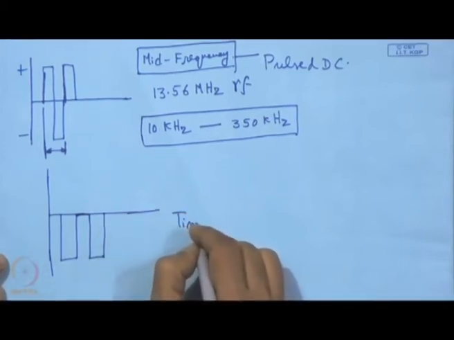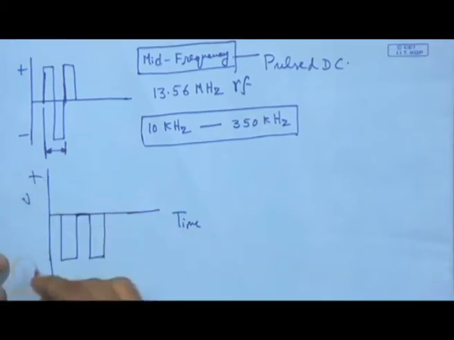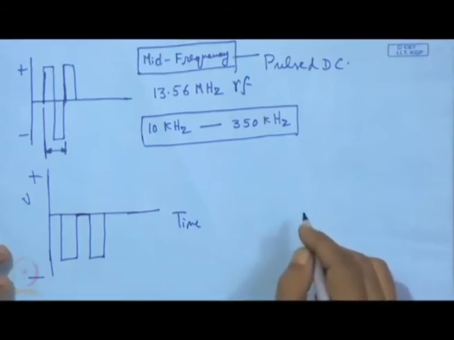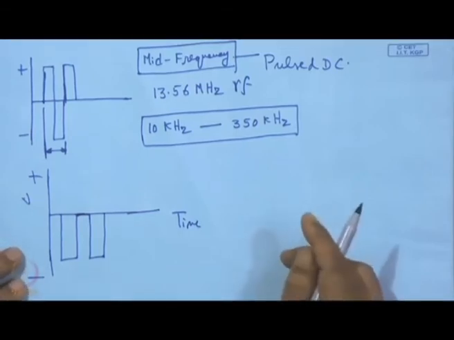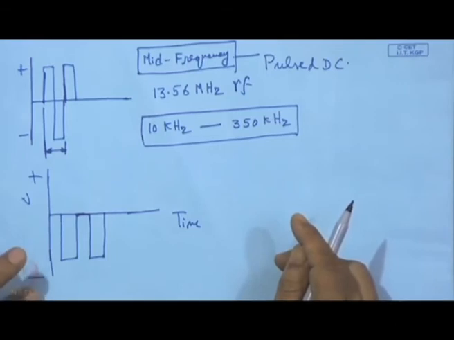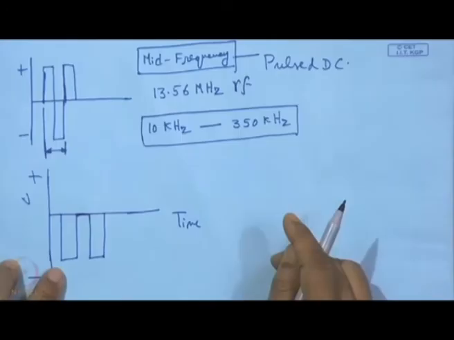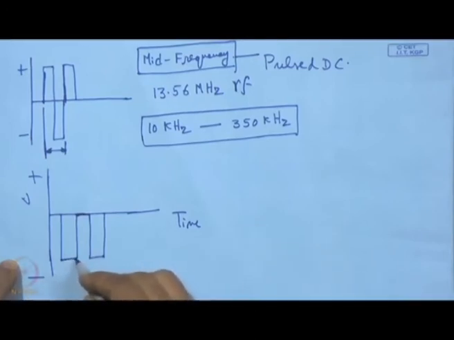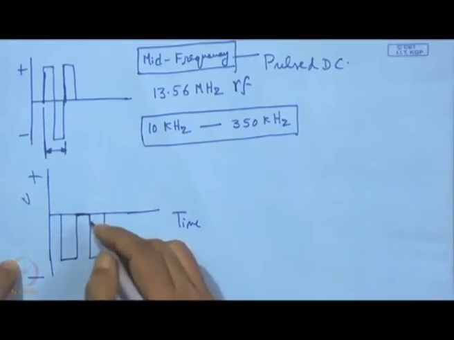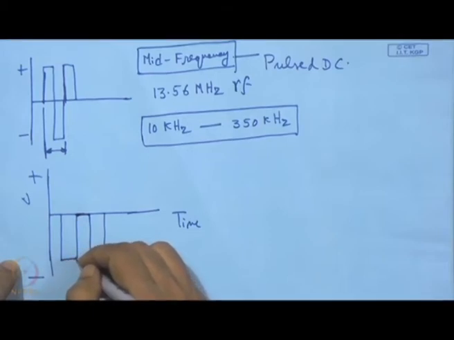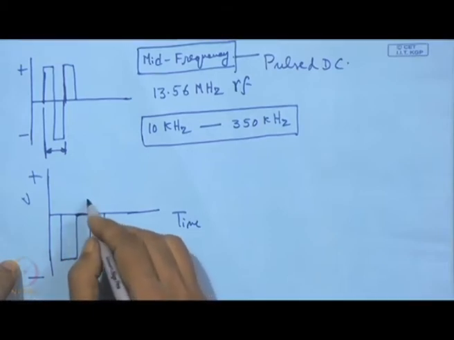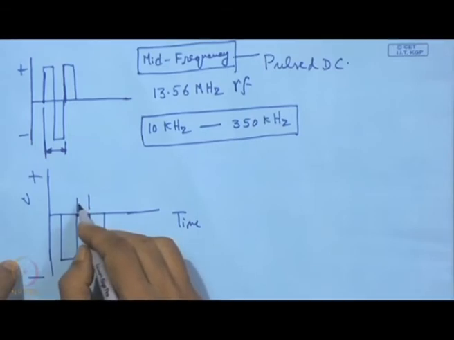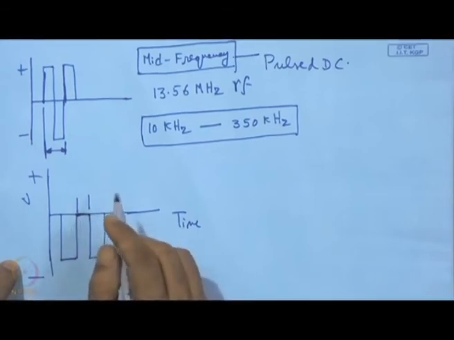This is the time scale, this is voltage plus minus, because anyway we have to polarize this target surface with negative voltage, and that is why we put this minus on this side. Here what we see further is that this is minus and this is set to 0. That means it is negatively biased, and in one part of the full cycle it is also put to 0.